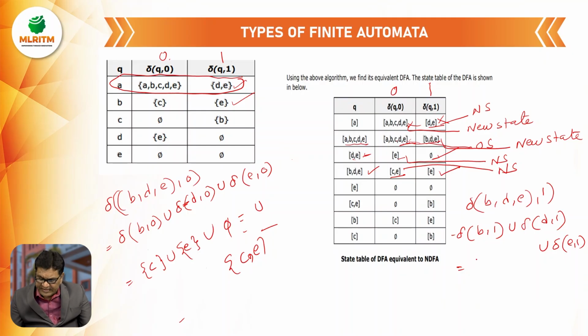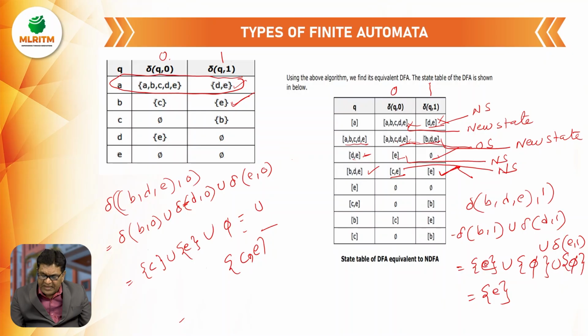B comma 1 means it is C, union D comma 1 it is E. Sorry, B comma 1 it is E, union D comma 1 it is pi, union E comma 1 it is pi. Then finally, what is the next state? It is E. That's why I wrote E. It is an old state, already present in D comma E with current input 0.